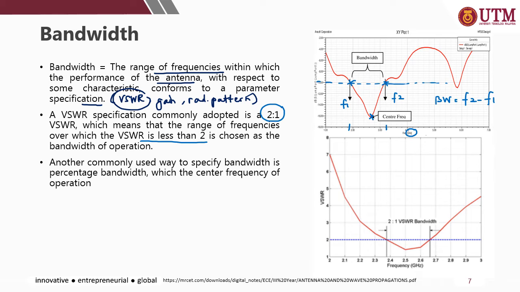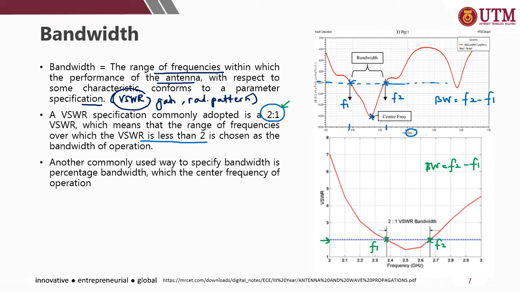For a VSWR graph, if the ratio stated is 2 to 1, we will be looking at the frequency range where the VSWR is less than 2, so we draw a line at 2. We measure F2 and F1 as well, and the bandwidth is equal to F2 minus F1.